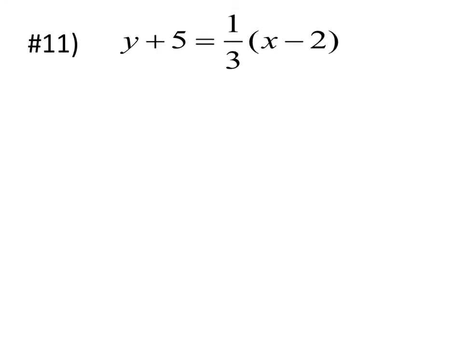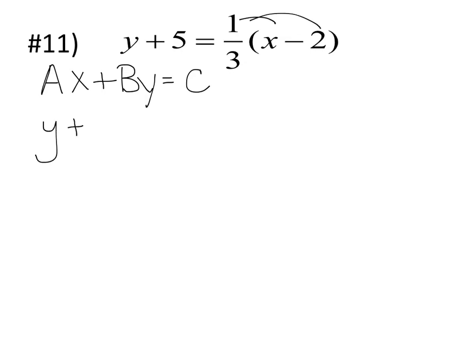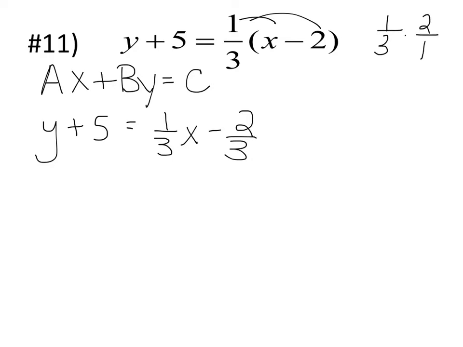All right, number 11, they actually want me to write this in standard form. So I need ax plus by equals c. First I'm going to distribute my 1/3, leaving me y plus 5 is equal to 1/3 x minus 2/3, because 1/3 times 2 over 1, if you multiply straight across, you get 2/3.